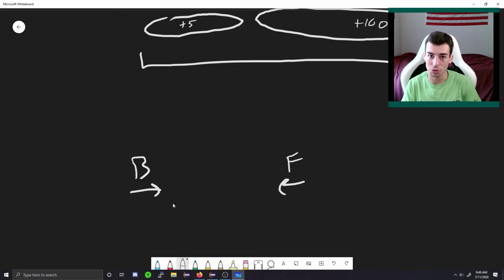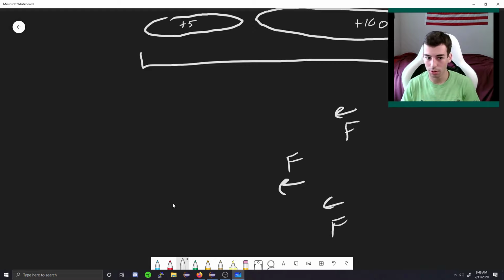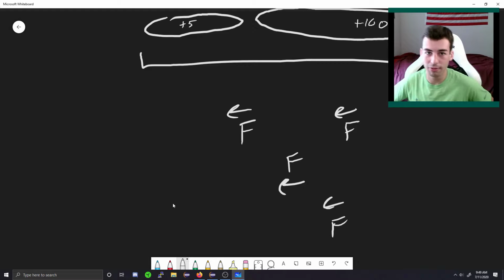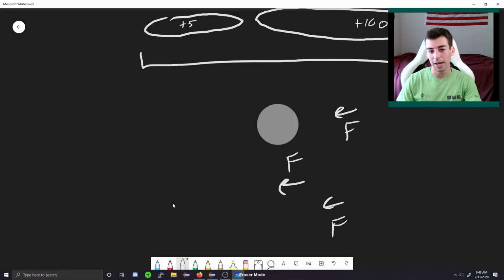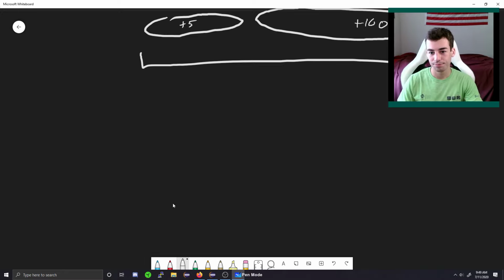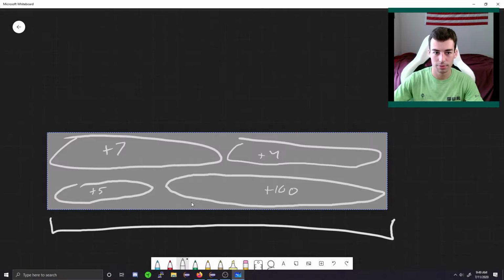So basically, the only camels that will get in each other's way are if you have a bunch of camels that all want to move toward the front of the pack. So maybe you've got all of these camels here, and they all want to go forward. And it's possible there aren't enough spaces to fit all of the camels that you want. To do that, it's really just a greedy.